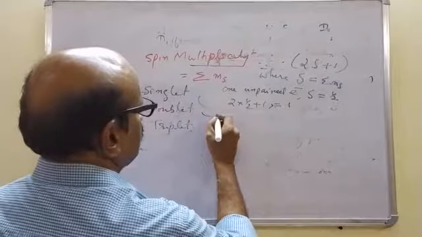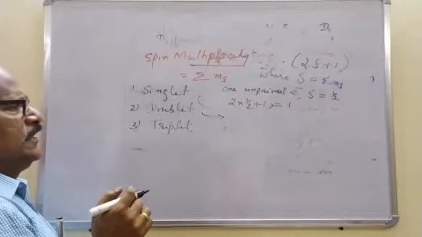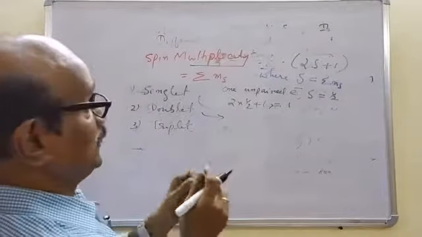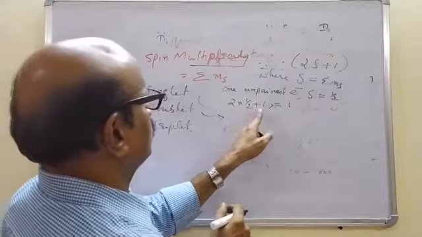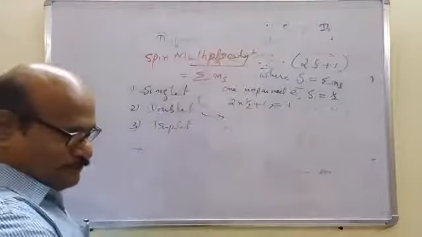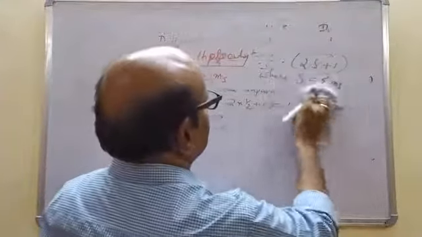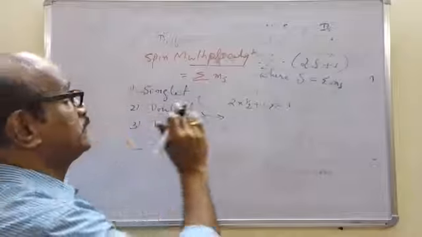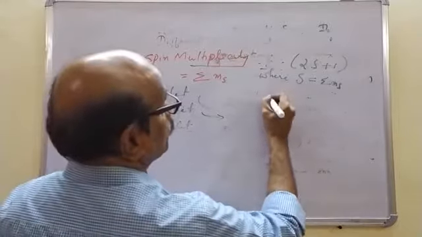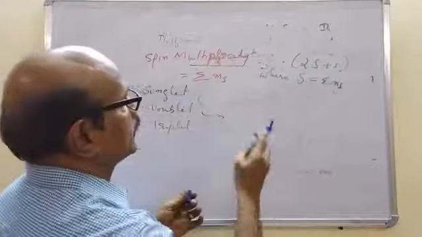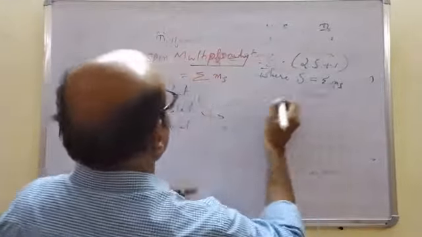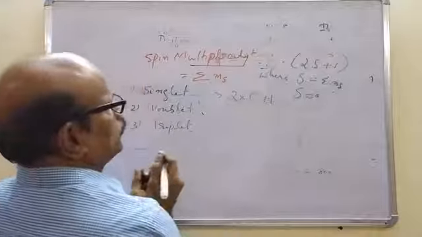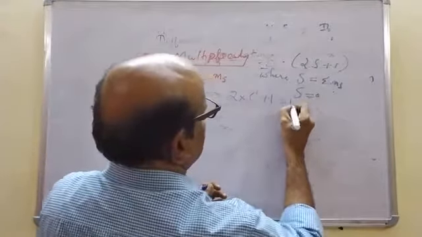Similarly, for the singlet system, any molecular system in which the resultant spin S is equal to 0, then the multiplicity becomes 2 into 0 plus 1, that is equal to 1.